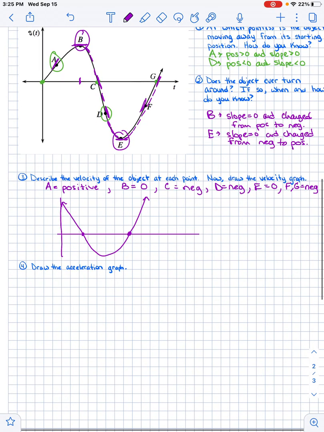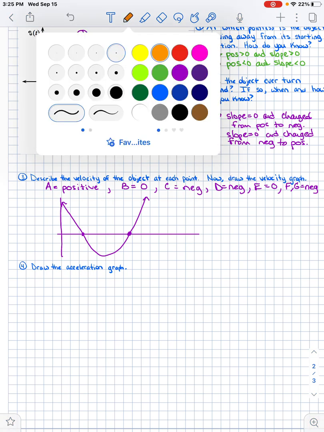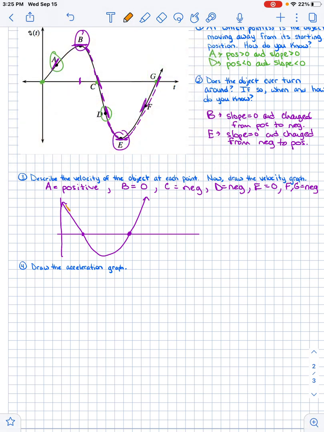Okay, looking at the acceleration graph, let's change colors. Let's look at the slopes. The slopes are negative and pretty steep. And as we reach this point, they become less steep until we hit 0. Then the slopes change to become positive slopes and get steeper and steeper.